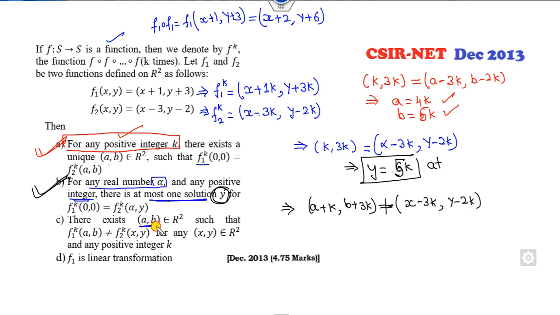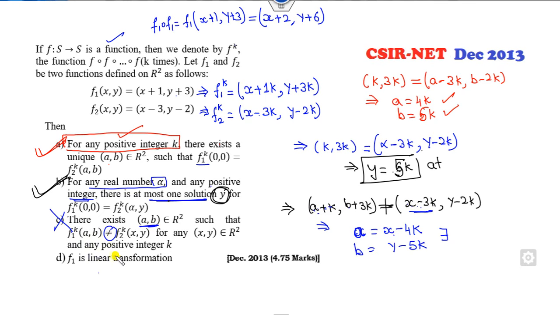Here you clearly see that they can be equal. What can I choose a as, so that it becomes x minus 3k? If I choose a as x minus 4k, they are equal. And b should be y minus 5k. Therefore there exist such a and b, but it says they are not equal, so this option is cancelled.